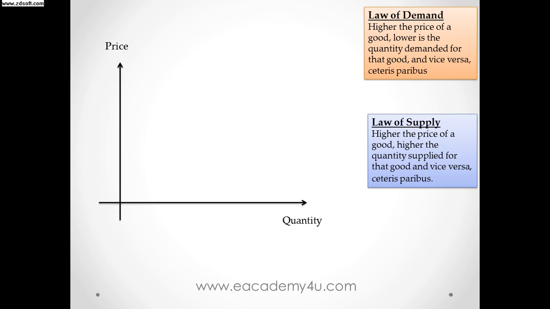Okay, let's start with the graph. First we have to draw the y-axis. The y-axis is always the price, and the x-axis is always the quantity. The line that is facing down is demand, and the line that is facing upward is supply.